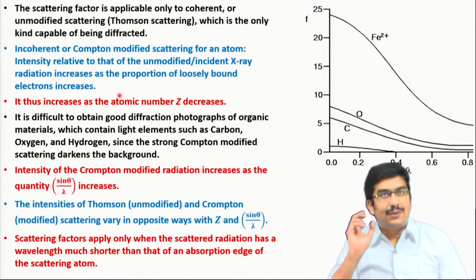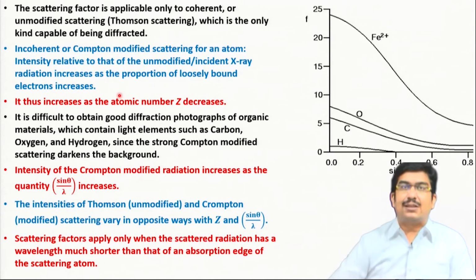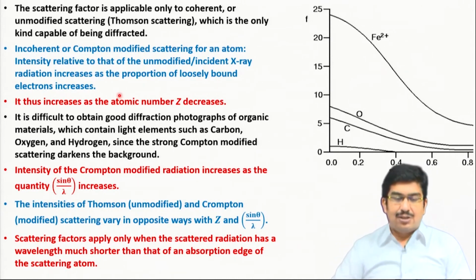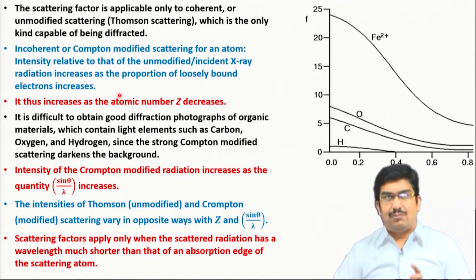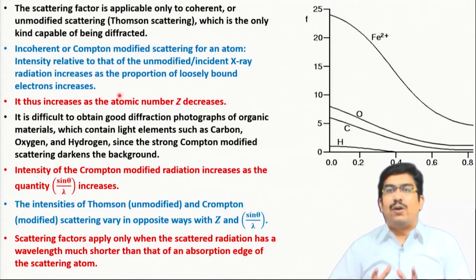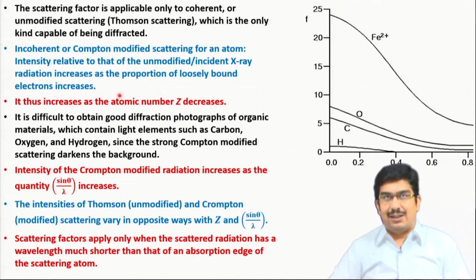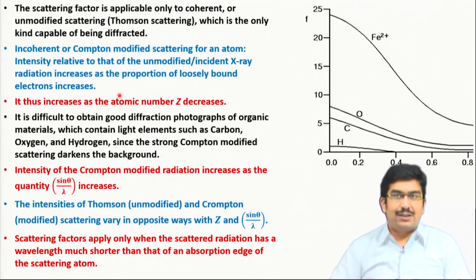Now, we have also discussed that the scattering factor is only applicable to the coherently scattered beam, that means the Thomson scattering, which is only able to take part in diffraction. We have discussed this many a times.